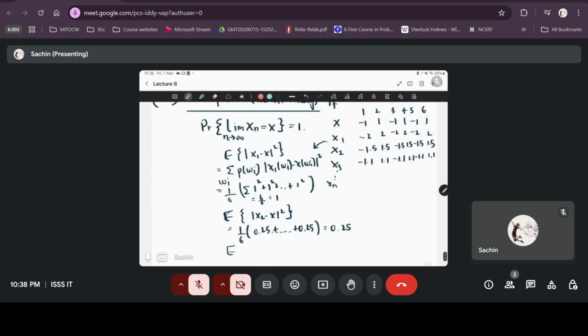So E of (x3 minus x) whole square is again 1 over 6, minus 1.1 minus minus 1 is minus 0.1, whole square is 0.01. There are 6 terms like that, so it is 0.01. So as n goes higher and higher, the value of this expected value is going lower and lower, and it is approaching 0. So that's the mean squared error, convergence in mean squared sense.